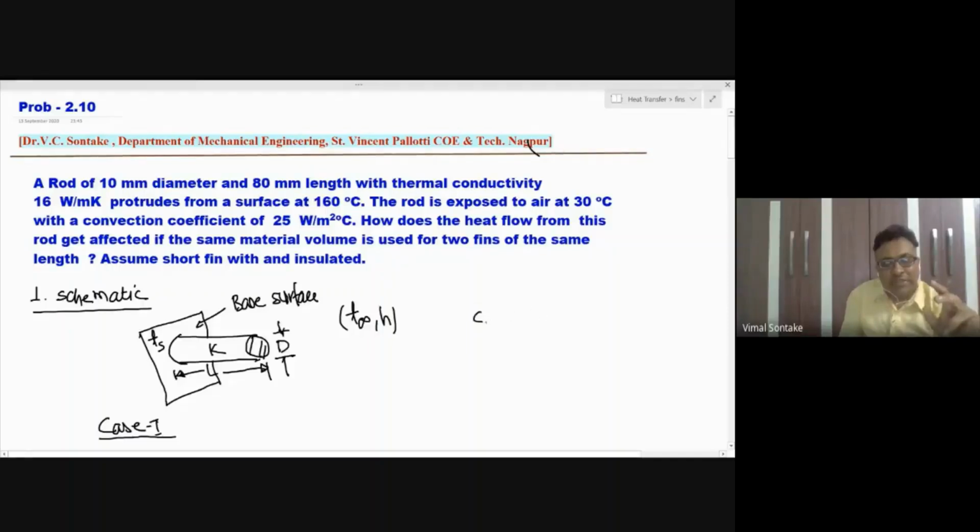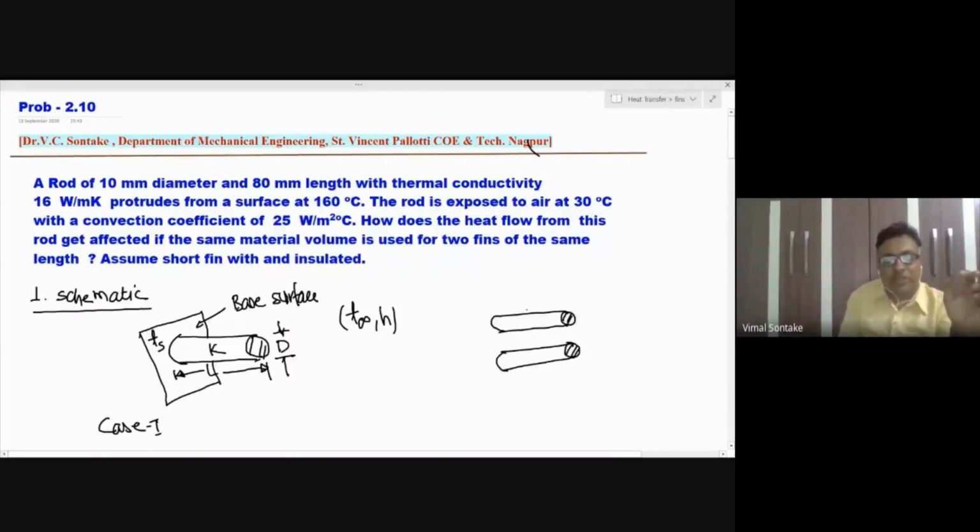Volume will remain same. The hatching line signifies the cross-sectional area. How does it look like actually?